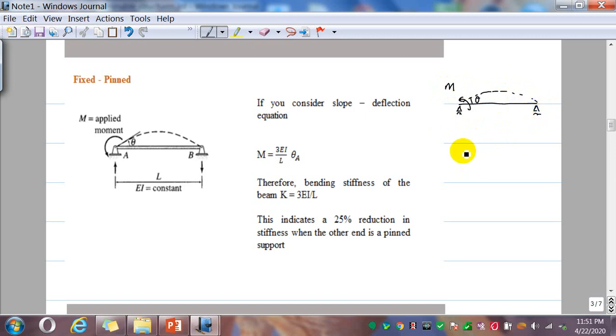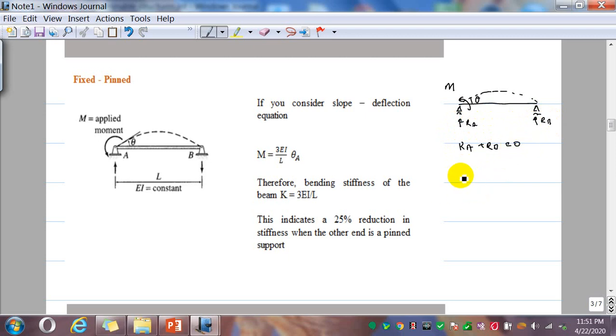So if I write down this RA, this is RB, so RA plus RB is equal to 0.